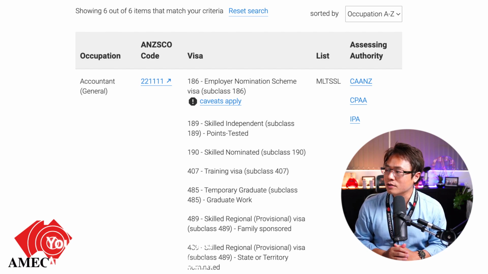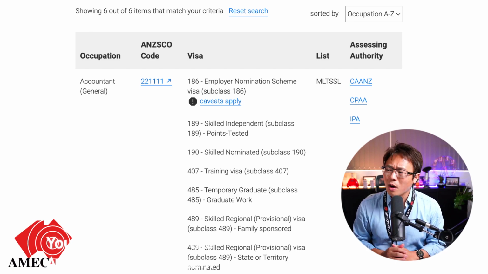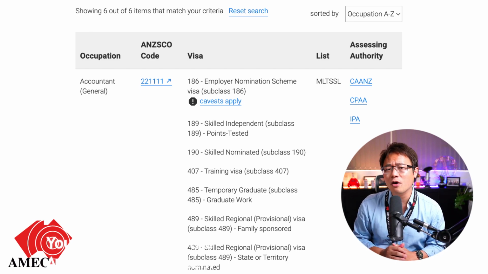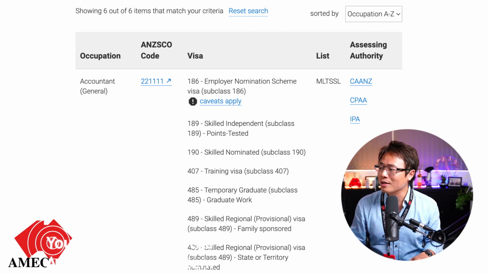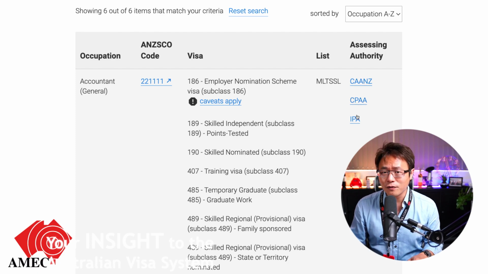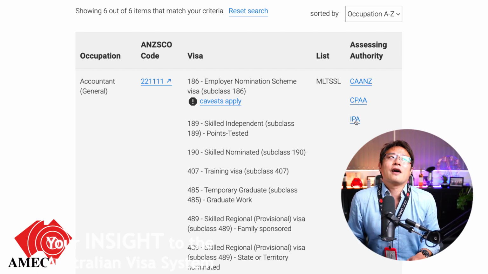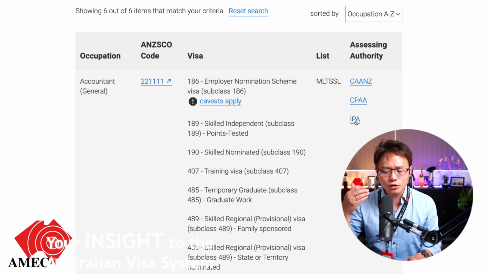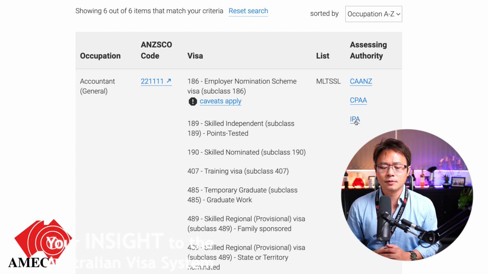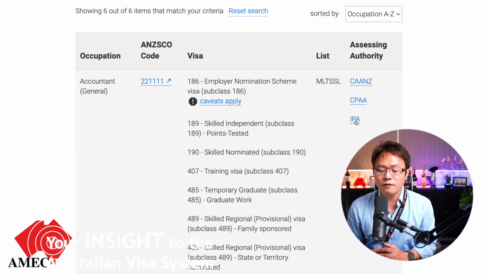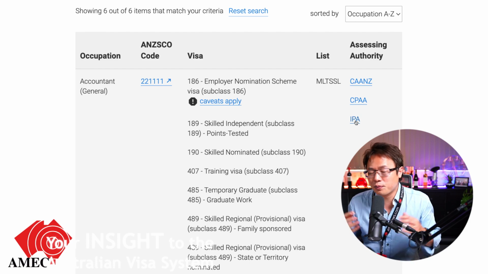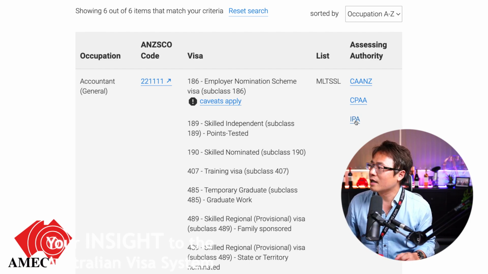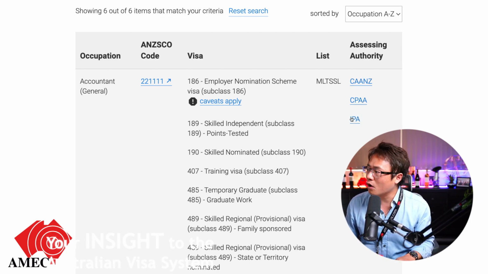It's also very interesting that it's one of the very rare, probably the only occupation that can be skill assessed under 3 different authorities. I think it's just because there are too many accountants' councils, authorities, and associations. They have existed for the past 5, 10, 20, 50, perhaps 100 years, for so long.